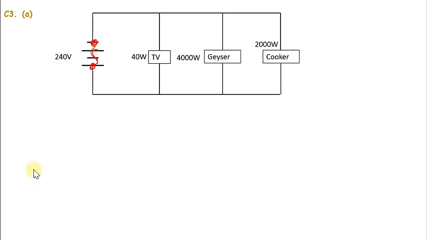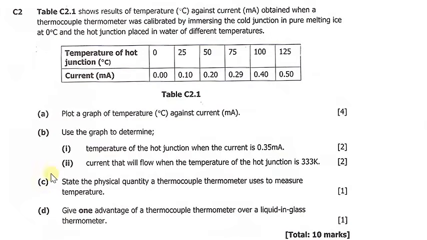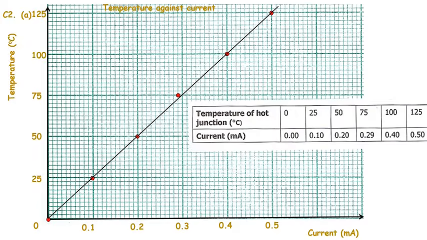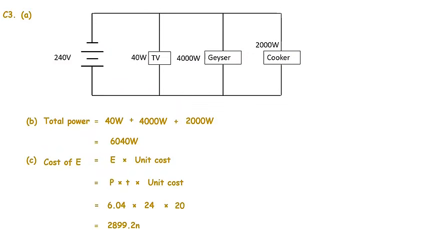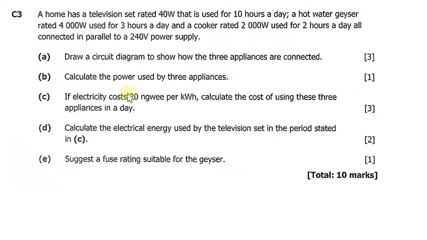So let's move on to B. Calculate the power used by 3 appliances. So the power, this one is 40 watts, this one is 4000 watts, this one is 2000 watts.